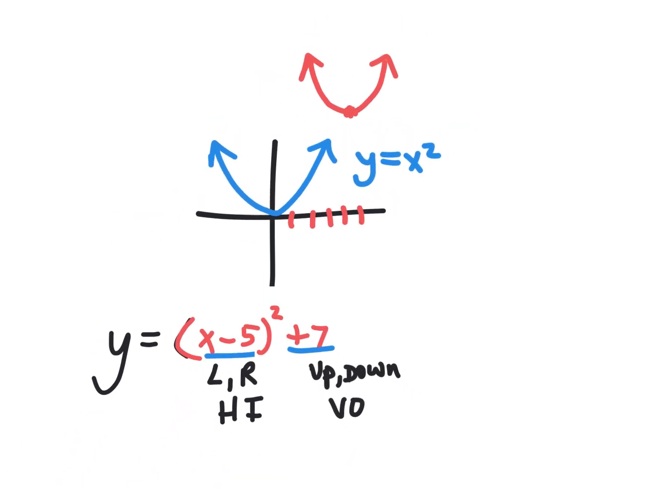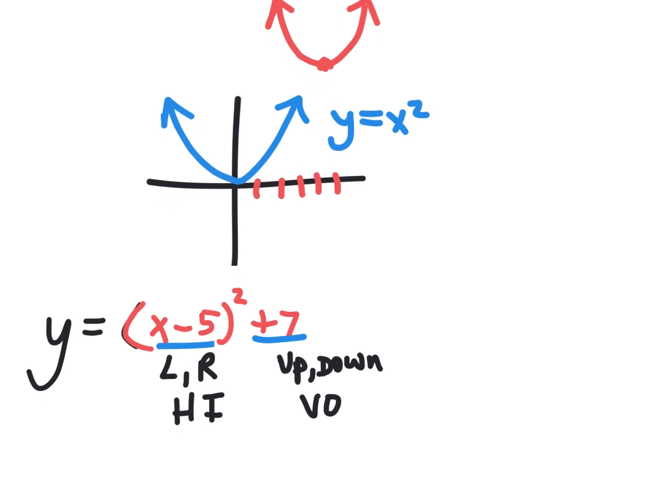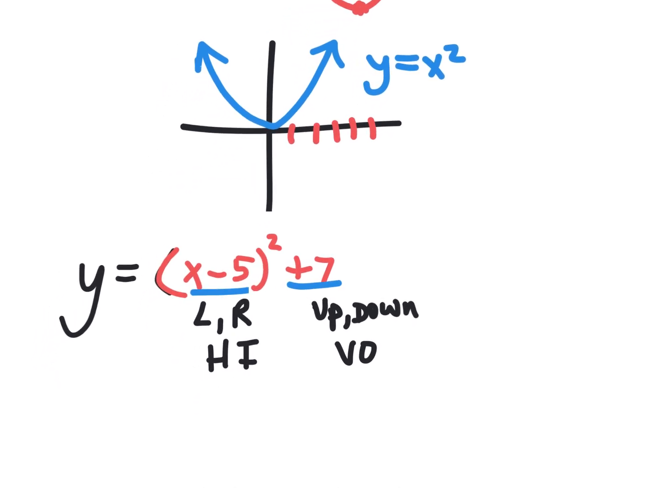Here are the notes you've got to take. You've got to know what HV means. Horizontal, inside. Vertical, outside. You've got to know that the inside is left and right, which kind of goes with horizontal. And the outside's up and down. The next thing you have to know is that you can trust.